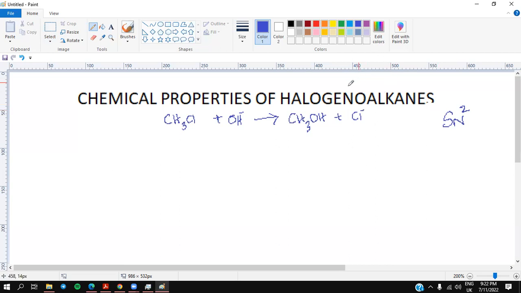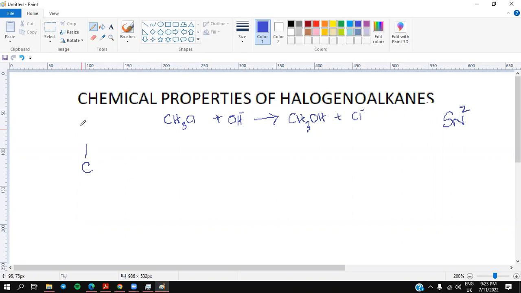Always when you construct the mechanism of a halogenoalkane reaction, be in the habit of using the halogenoalkane, showing its 3D nature. CH3Cl I can show in this manner.